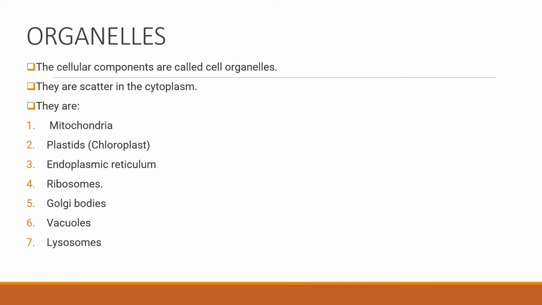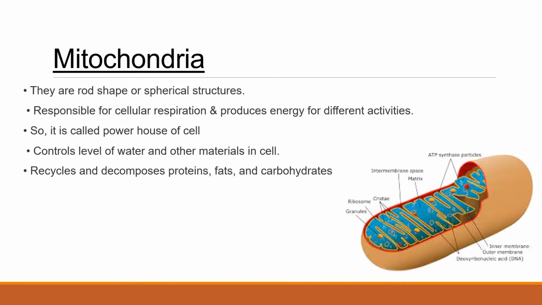They are the mitochondria, plastids, that is chloroplast, and this plastid is mostly present in the plant cell, not in the animal cell, then endoplasmic reticulum, ribosome, Golgi bodies, vacuoles and lysosomes. These are the different parts that we will discuss in this video lecture.